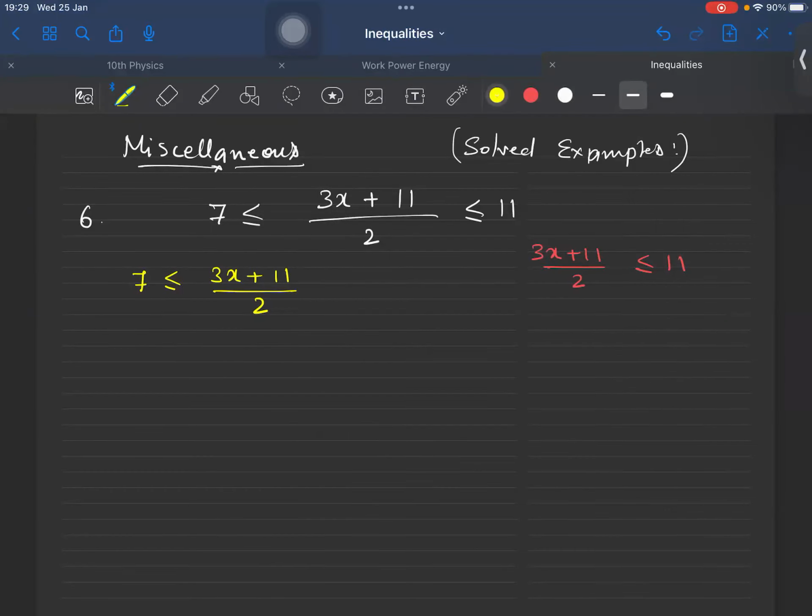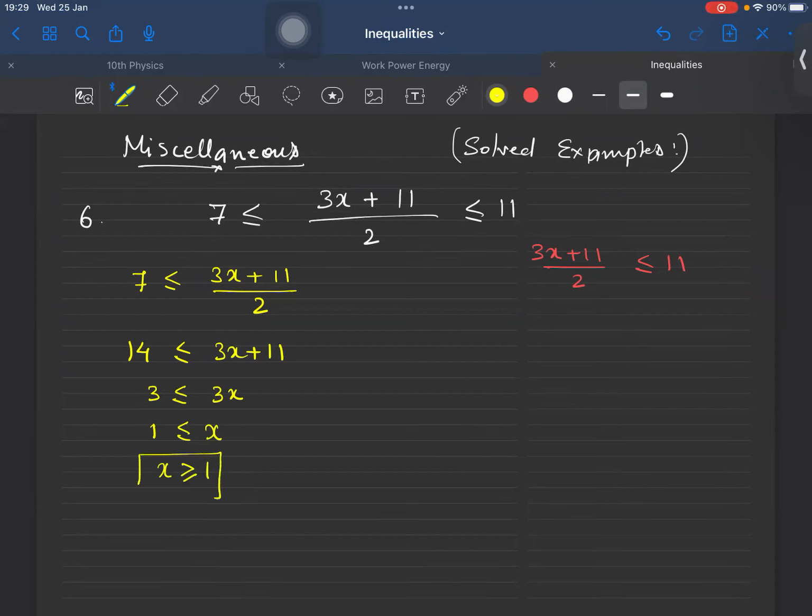For the first one, multiply by 2 on both sides, we get 14 lesser than or equal to 3x plus 11. Now if we subtract 11 from both sides, we get 3 lesser than or equal to 3x. Now divide both sides by 3. We get 1 lesser than or equal to x, or x must be greater than or equal to 1.